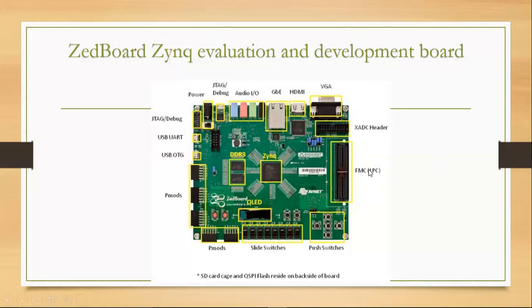This is used to connect to the outside world or to interface with different peripherals. Here we can observe the slide switches, general purpose IO, and push button switches. We have discussed previously the 5 push button switches, 8 slide switches, and 8 LEDs. These are the PMODs, used to connect the outside world or other external peripherals. We are using PMODs.